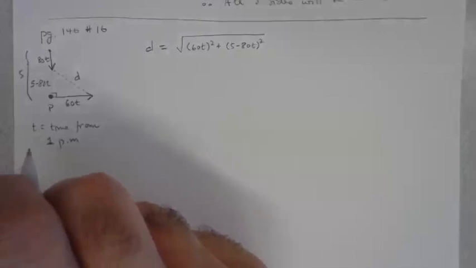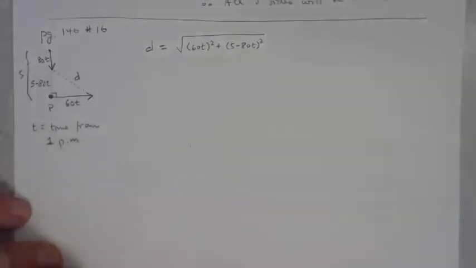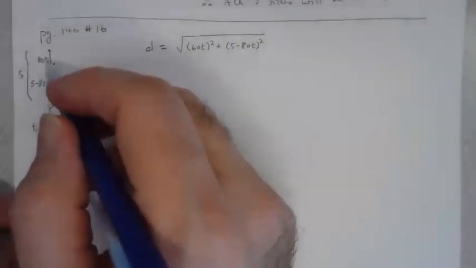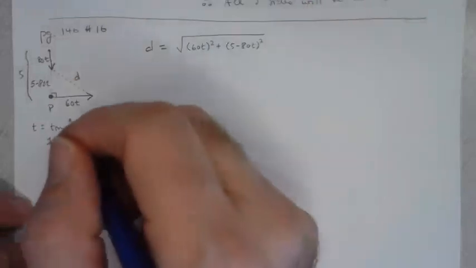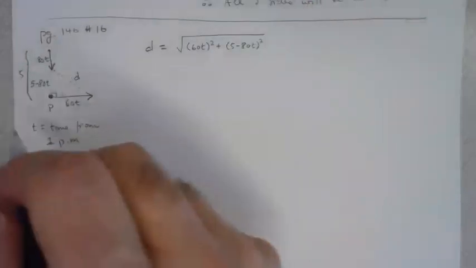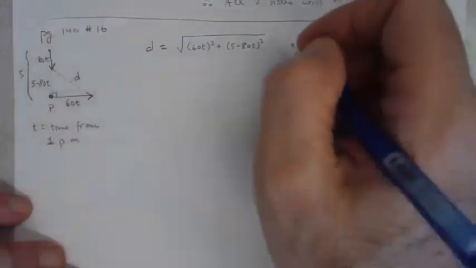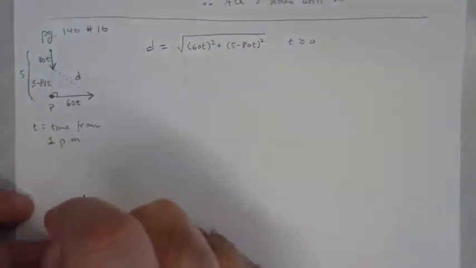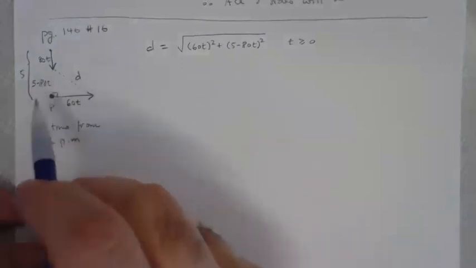And they don't really give us an endpoint, I suppose we could figure out how long it takes for this car to reach point P. Okay. So if we need to figure out an endpoint, we will, but let's say here t has to be greater than or equal to 0 for sure. Okay. And then we'll see what happens if we need to calculate that time.